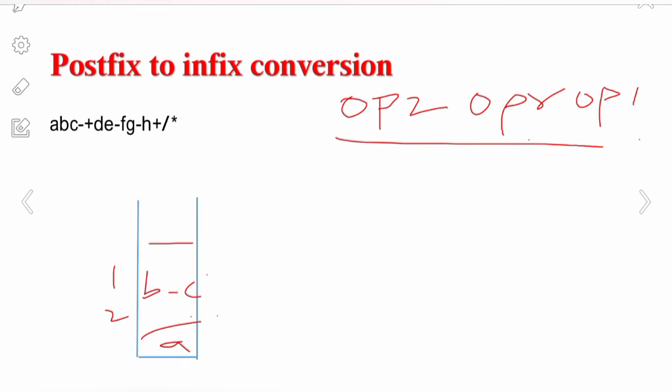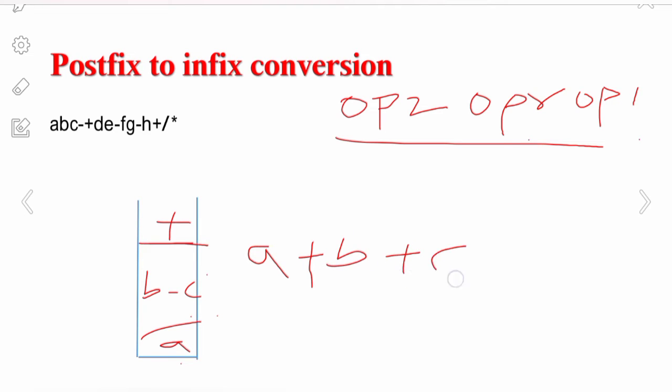So the next operator is plus, okay. So plus is available here, so plus is inserted into the stack. So now again the operator is available here. So operand 1 and operand 2 are available here. So operand 2 plus operand 1, that is b minus c.